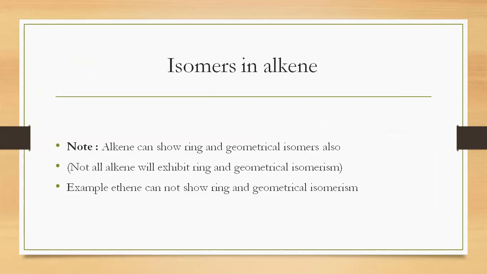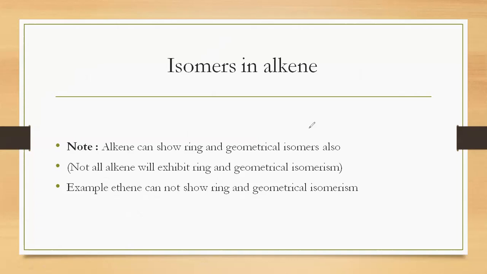And remember, I don't have any methene; a 1 carbon alkene never exists. And the 2 carbon alkene, which is ethene, cannot show a ring isomer because it cannot form a closed ring, as well as it cannot show geometrical isomerism because across the double bond, the same atom will be there.